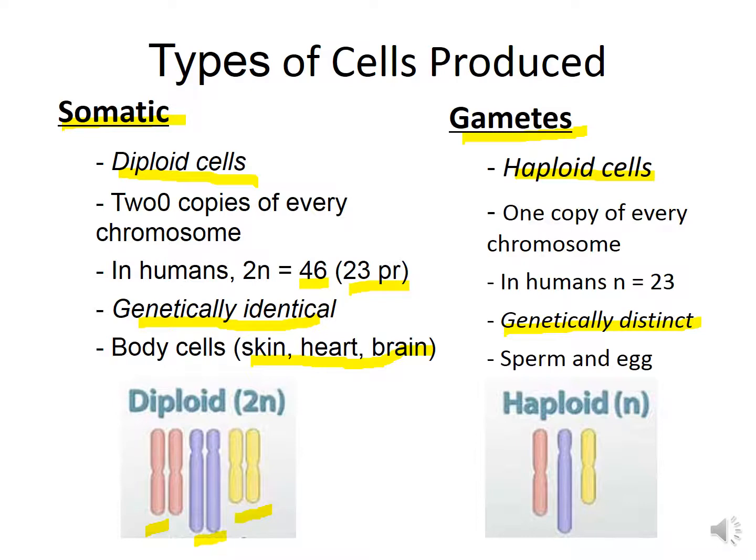And if we could see the chromosomes inside, we'd see that they only contain 1 copy of each chromosome. They are haploid. Now in this example, the haploid number for this cell would be 3, because there's only 3 here. In the human system, the haploid, or N, number is equal to 23, because a diploid cell has 46. So half of that would be 23.